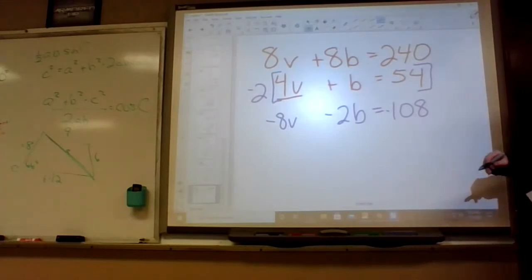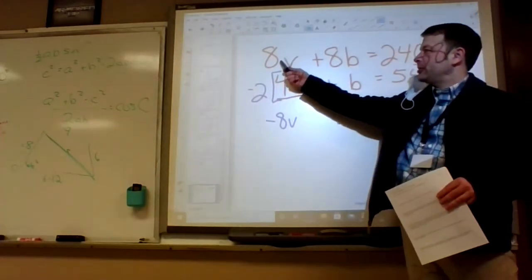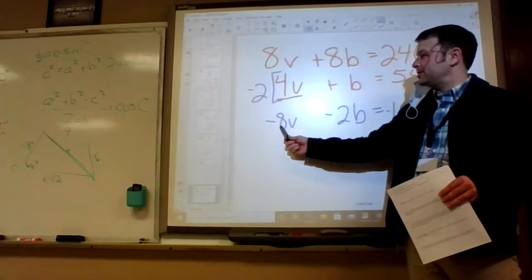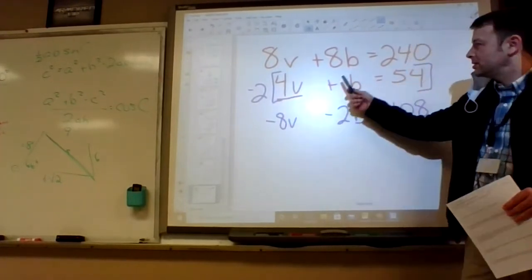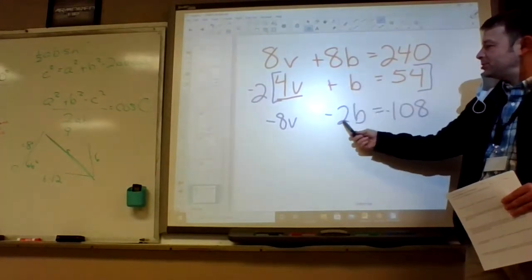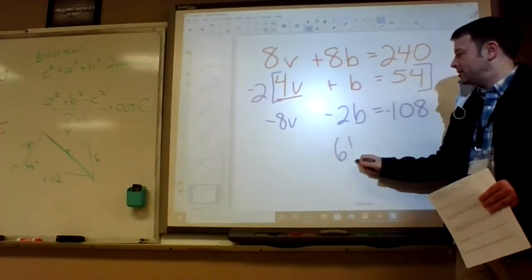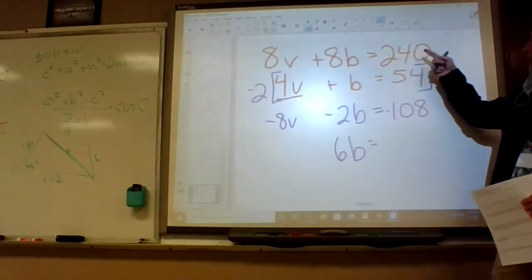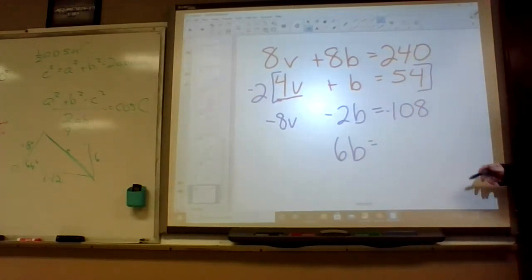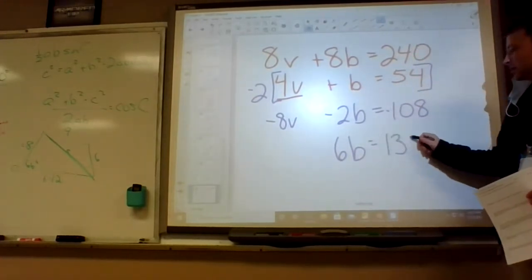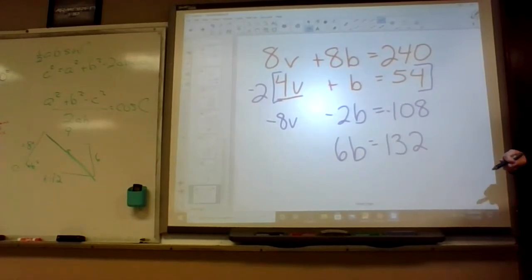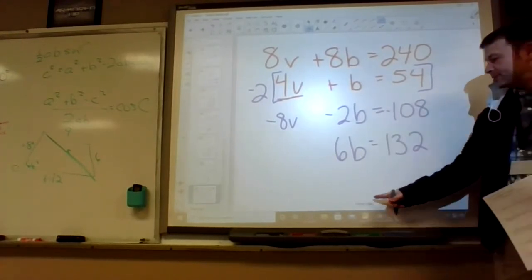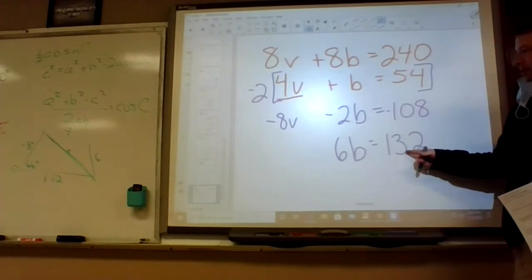Okay. I'm gonna add the top line to this third line that we just made. So the V's will go away. 8 minus 2B is 6B. And 240 minus 108 is 132. 132 divided by 6? 22.